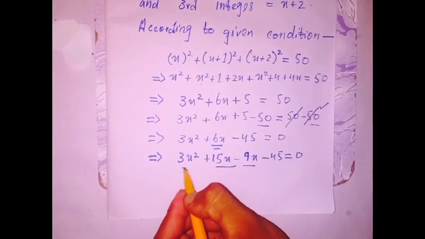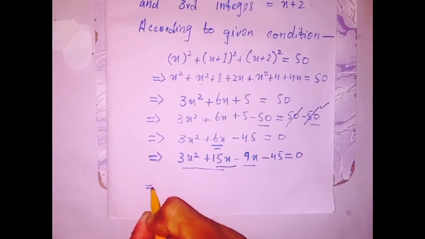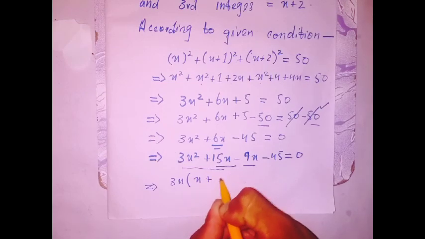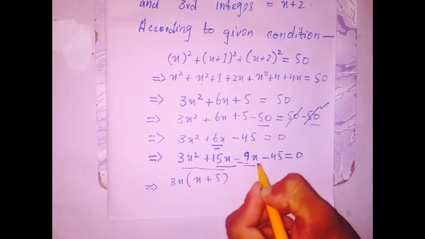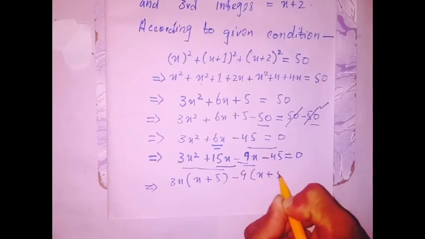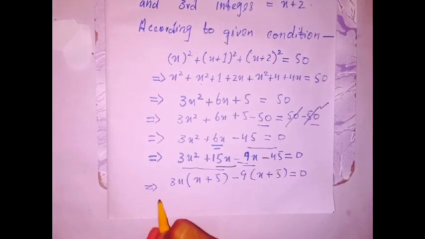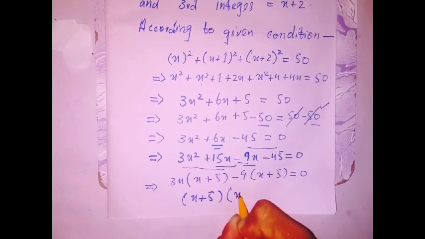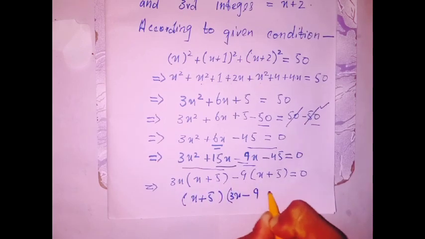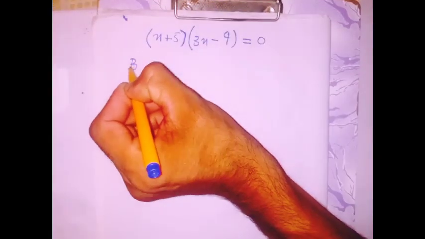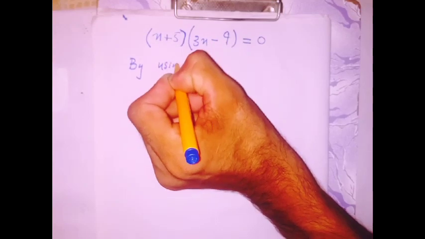From the first two terms, if we take 3x as a common factor, we get x plus 5, and from the second two terms, if we take minus 9, we get x plus 5, equal to 0. Which gives us x plus 5 into 3x minus 9 is equal to 0.